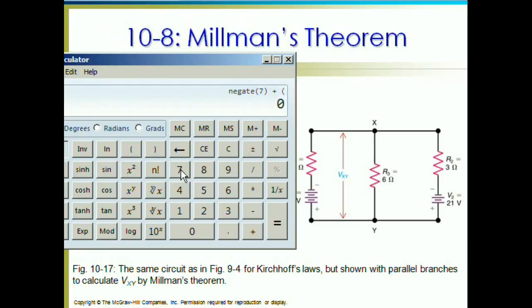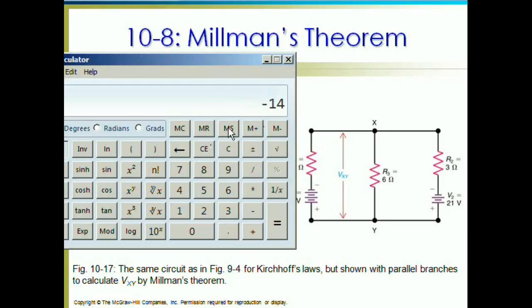And it would be 7 negative. And 0 over 6 is going to be 0. So our current for the start is minus 14 amps.